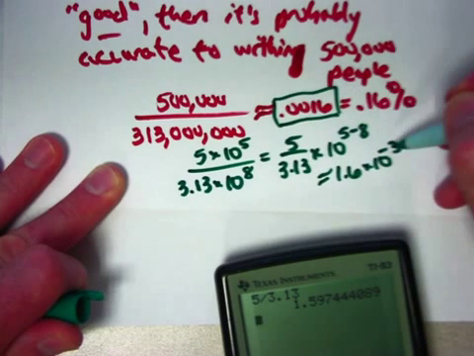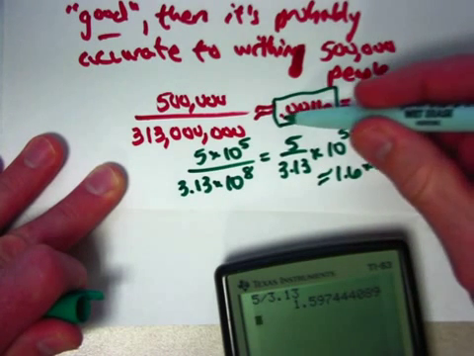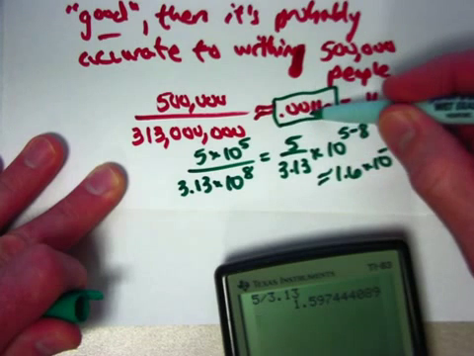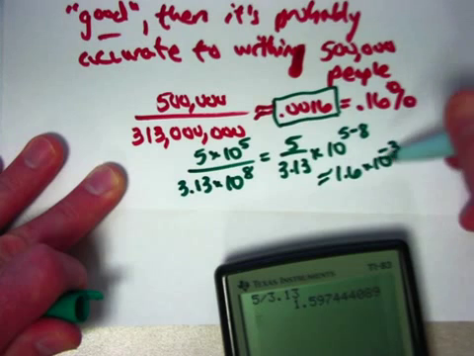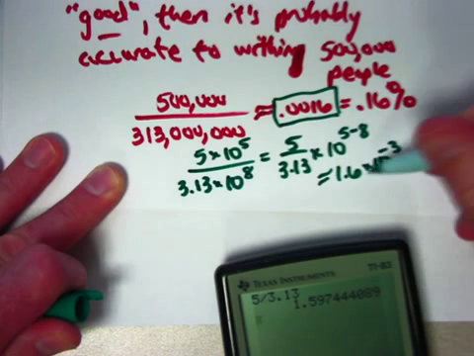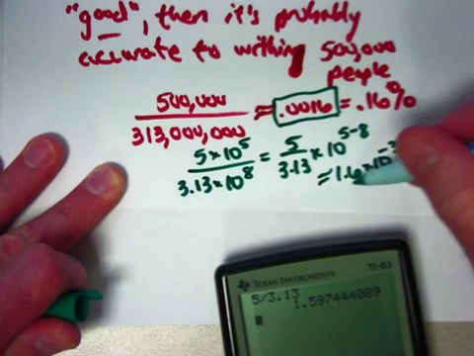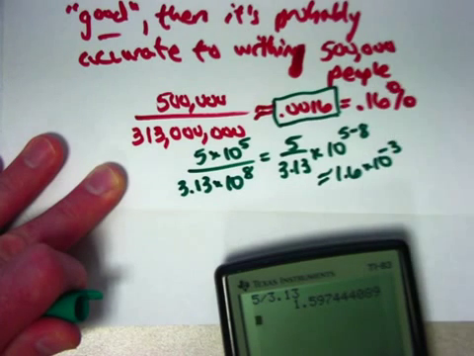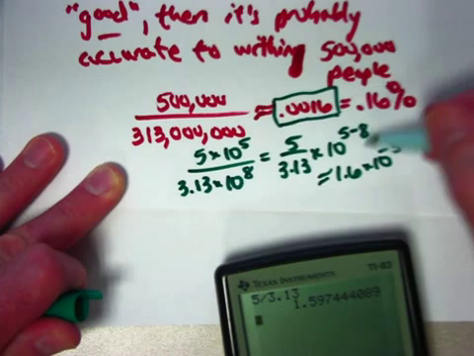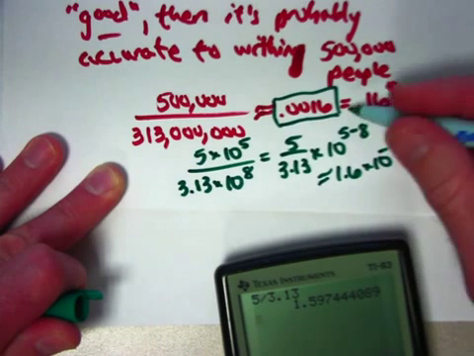You can get from here to here by realizing you'd have to move the decimal place 3 places to the right to get it just to the right of the first non-zero digit, like that. And you can go from here to here by taking the decimal here and moving it to the left 3 spots to get that. I've written this number with 2 significant digits in both spots.